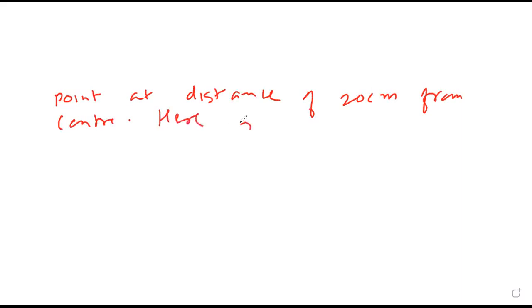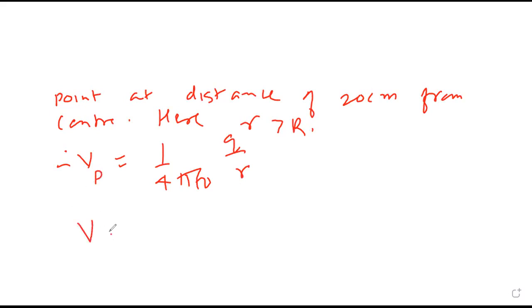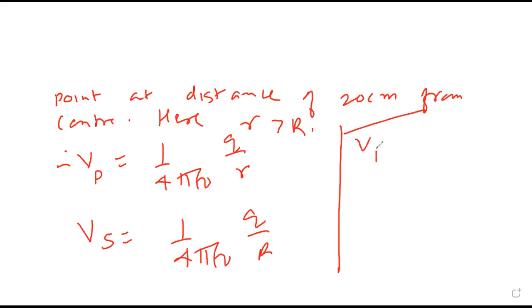Here r is greater than capital R. Therefore, V is 1 upon 4 pi epsilon q by small r. So this is that point P. And V on the surface formula is 1 upon 4 pi epsilon q by capital R. Therefore, V at point P to that of the surface will become capital R upon small r.